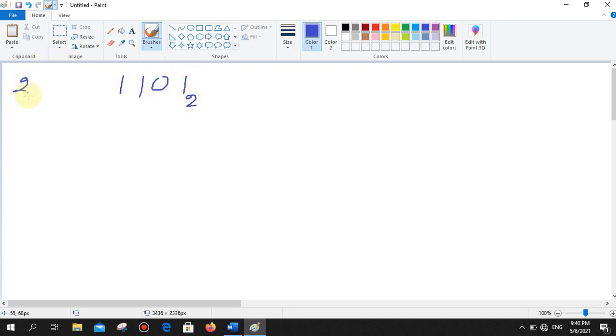So a binary number you can convert into octal directly using the 3 bits method. What is the meaning of that? Okay, now here I will write 1 1 1 0 1. Then children, you count, okay, right to left, 3 bits.